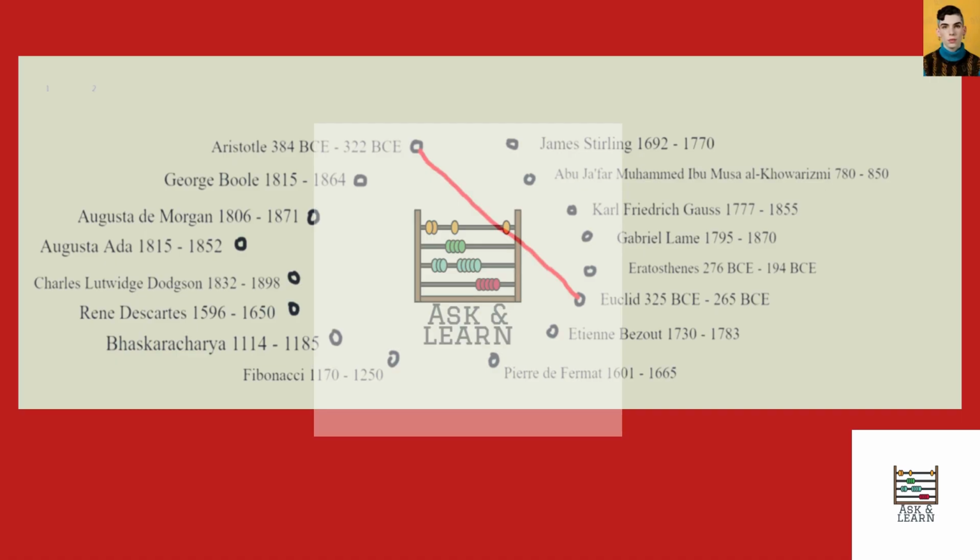So I'm just going to continue connecting mathematicians in pairs if they were alive at the same time. And in order to do this correctly, you need to do this for every pair of mathematicians.